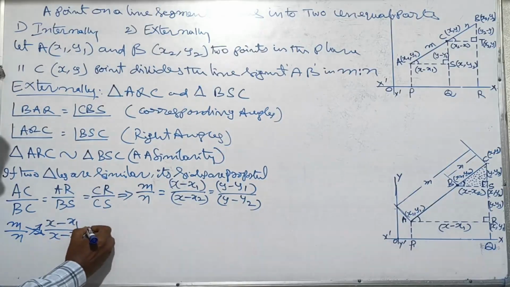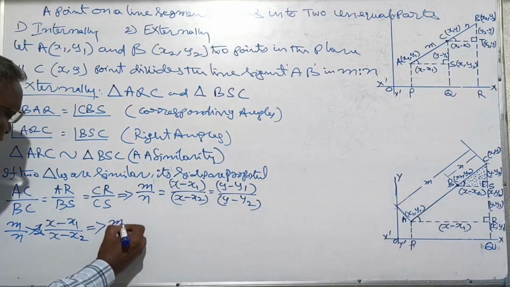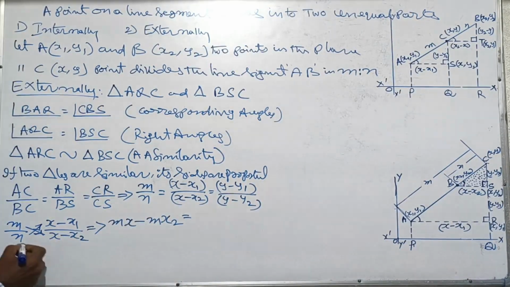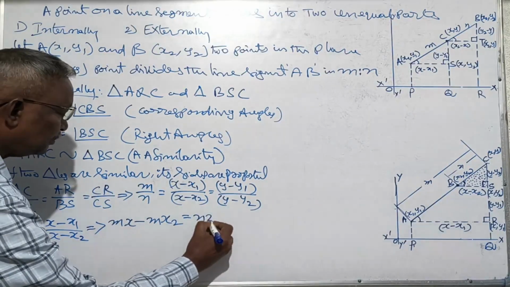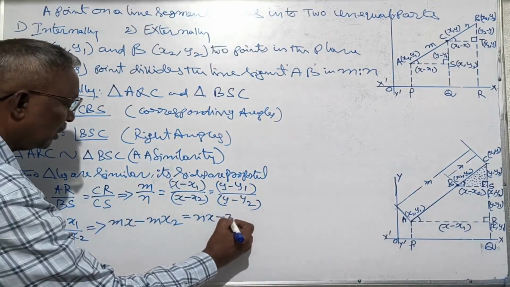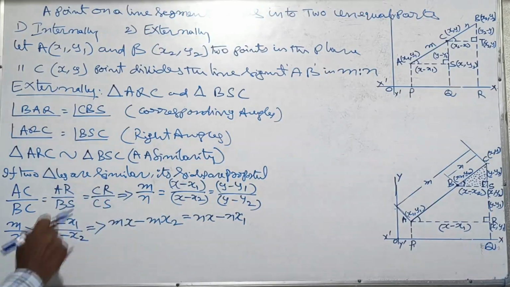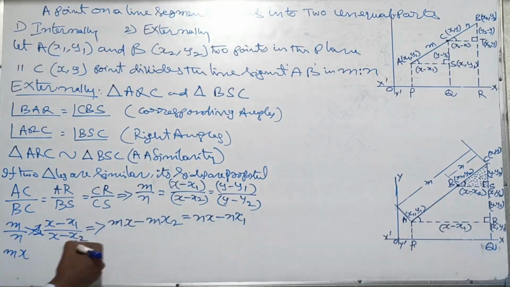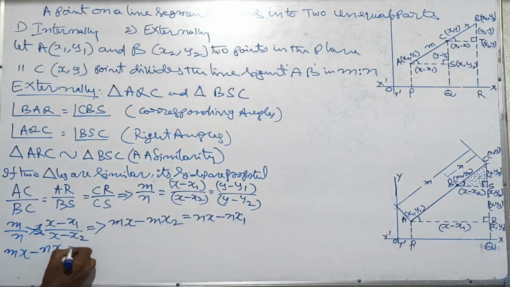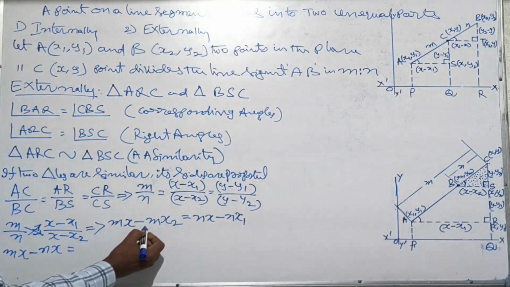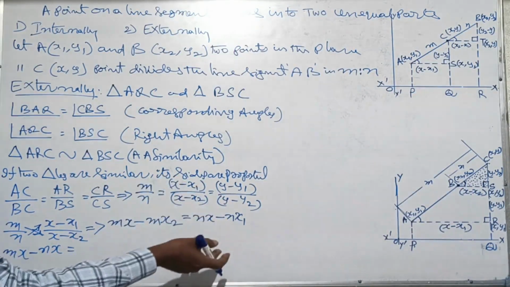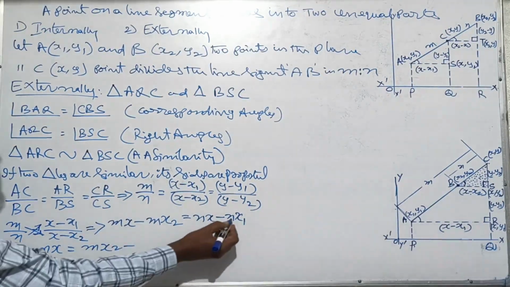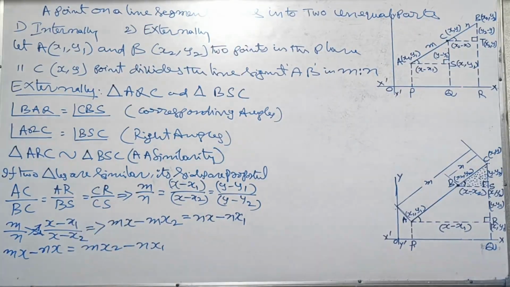Cross multiply it. Mx minus mx2 is equal to nx minus nx1. Bring all x terms to one side: mx minus nx is equal to mx2 minus nx1.